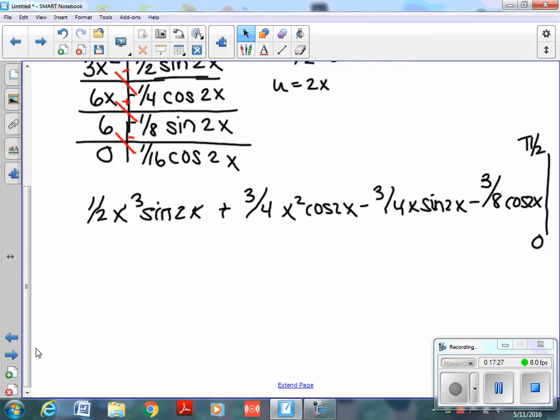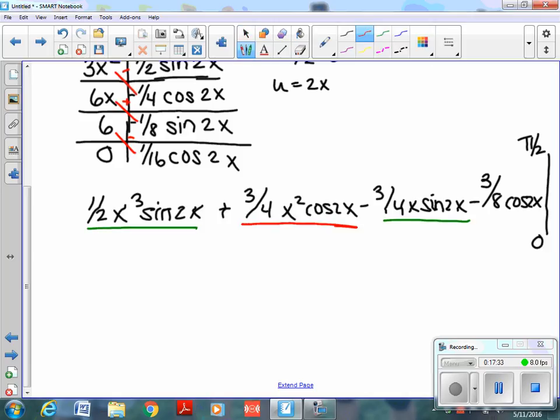Okay, sorry. I'm going to put these two together because they both have sine of 2x. And I'm going to put these two together because they're both cosine of 2x. So this is what it would look like. I'm going to take a sine of 2x out of both of these. And what do you have left when you take a sine of 2x out of both of these? You're going to have 1/2 x cubed minus 3/4 of an x.